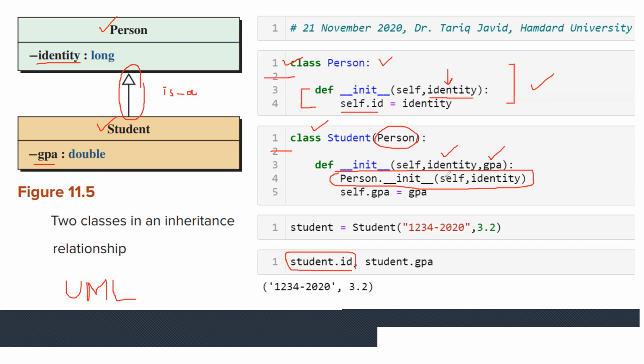We can simply write self.id is equal to identity. This will be sufficient for the student class. ठीक है, अगर मैं यहाँ पे लाइन नंबर 4 की जगह पे लिख दूं, self.id is equal to identity.